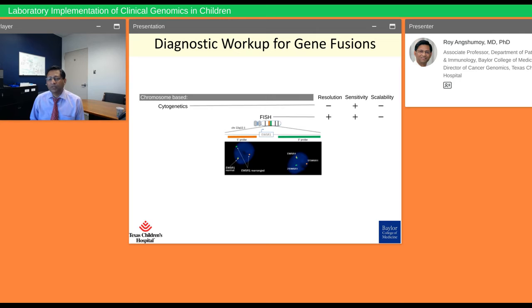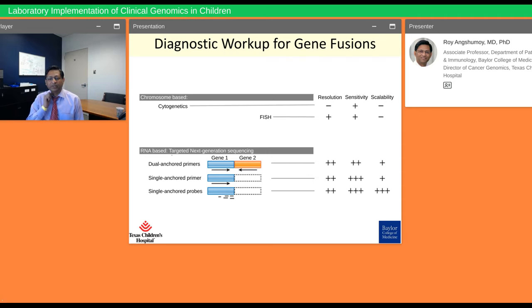You also have FISH-based methods, which have also been around for a long time now, and have definitely high resolution and sensitivity, and are still not scalable, versus the newer age methods that we are now speaking about in terms of genomics, where you use different types of next-generation sequencing methods, either dual anchored or single anchored based methods. And these by far offer the highest resolution, highest sensitivity, and are also scalable, if not the most scalable method right now.